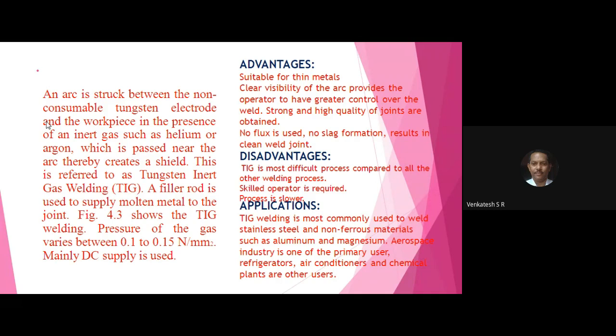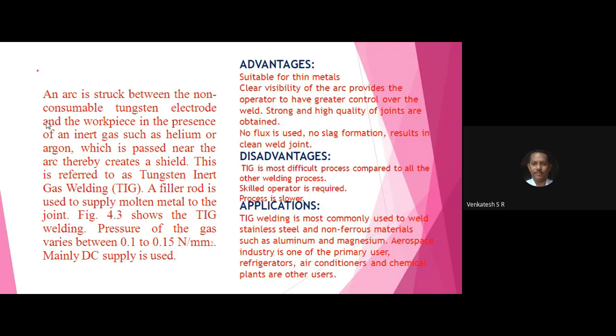The transformer, single phase or three phase, not FSCE, it's a PHASE, single phase or three phase transformer of DC supply is used. This is the principle of operation of tungsten inert gas welding process.